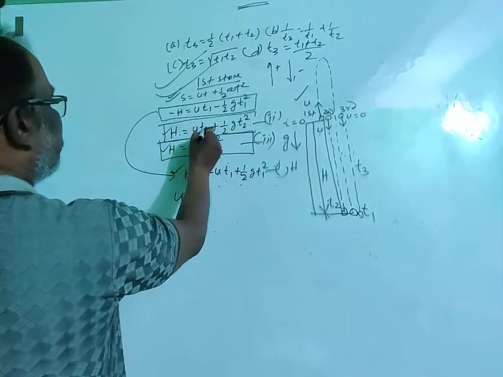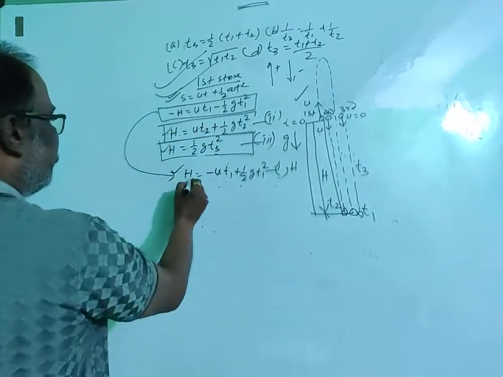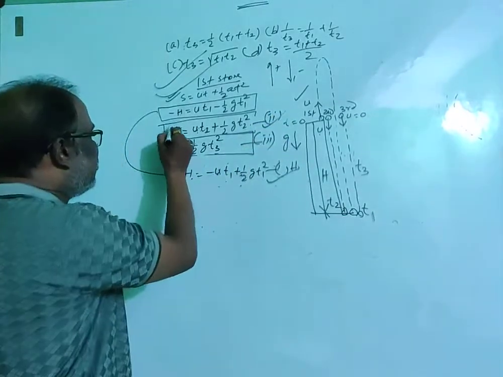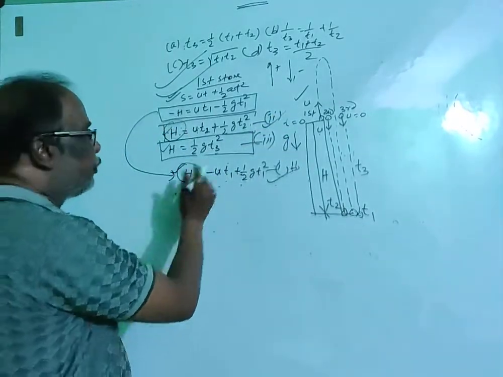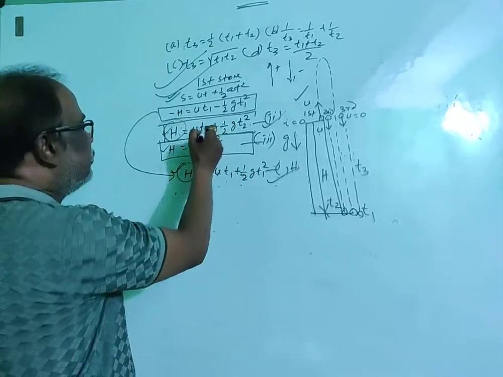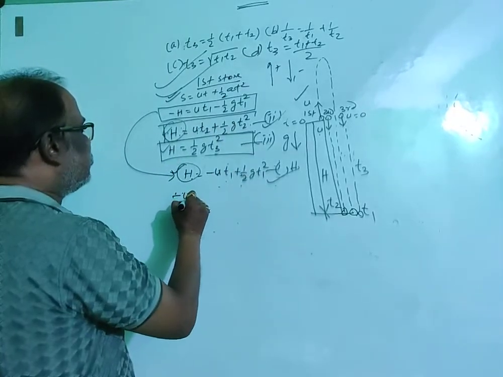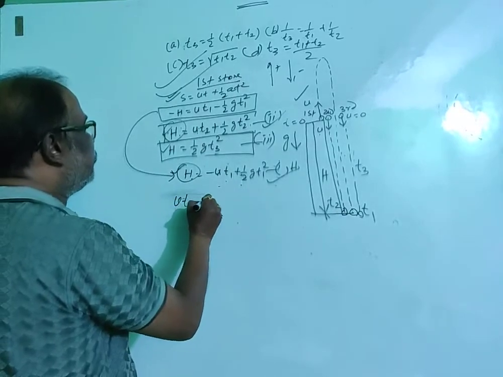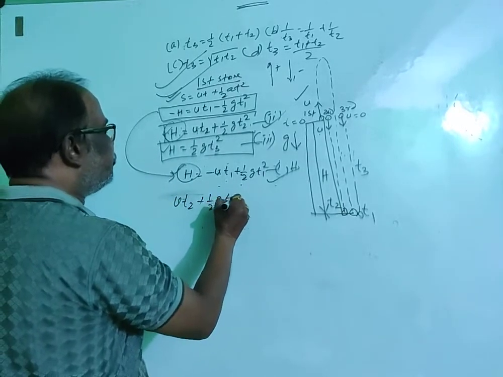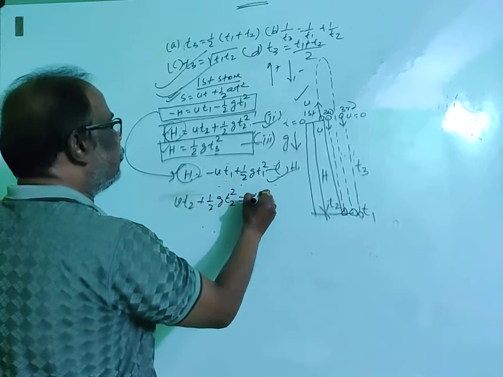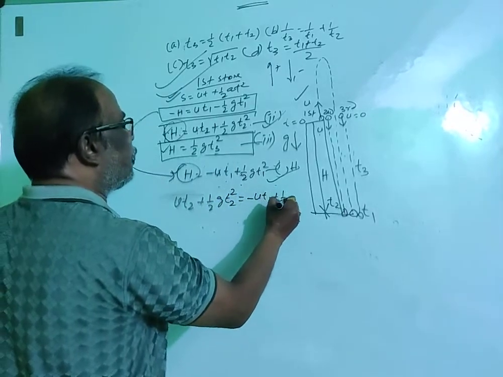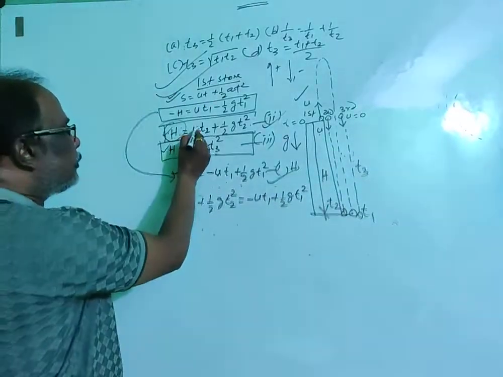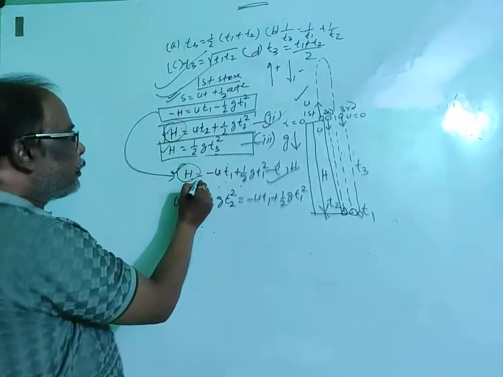Just equate these two. This is h, this is equation 1, this is equation 2. This is h, this is also h. Equate the right sides. Minus ut1, or you may take this equation, ut2 plus half g t2 square is equal to minus ut1 plus half g t1 square. This is equation 2, this is equation 1.